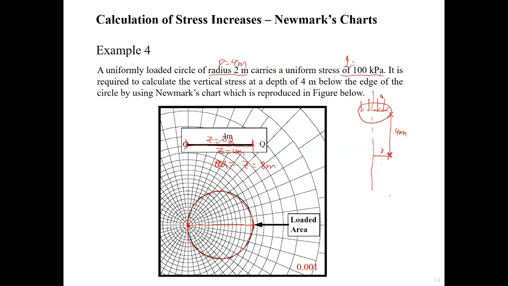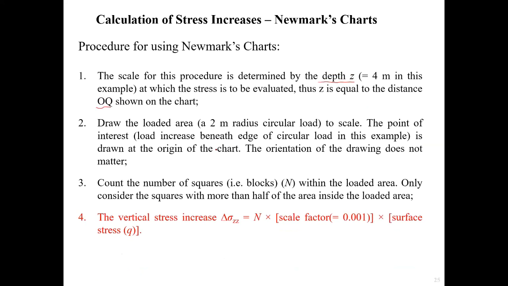That direction doesn't matter means you are able to draw the circle on top, or to the right-hand side; it doesn't matter. Eventually your shape ought to be the same according to this scale. Next, we count the number of squares or blocks within the loaded region.